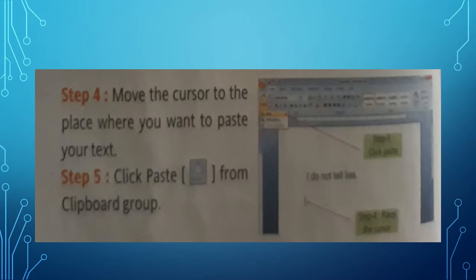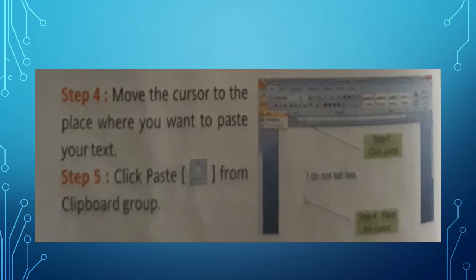Now your fourth step is to move the cursor to the place where you want to paste your text. When you click on the Cut option, the text that you have selected will be cut from that place.